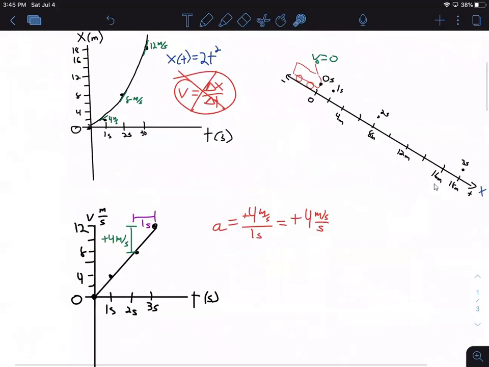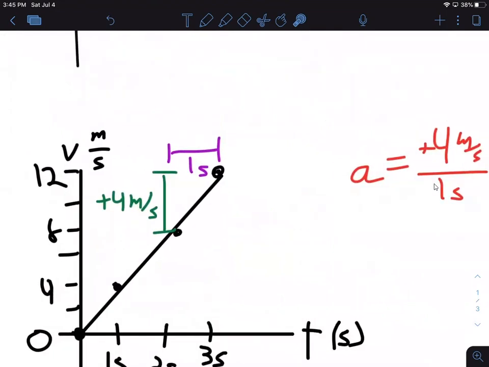And that was pretty straightforward because it was just a rectangle. We did the velocity times time. Here, it's going to be a little bit more complicated, but we can still do the same idea.